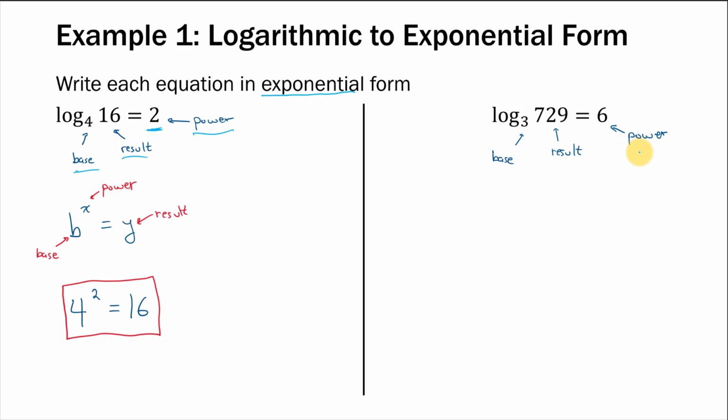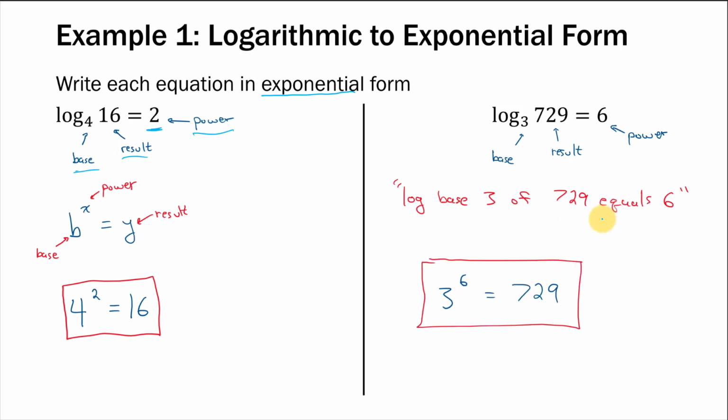How would I say this? Log base 3 of 729 equals 6. If I raise 3 to the 6th power, that gives me 729, so that's how we rewrite that in exponential form.